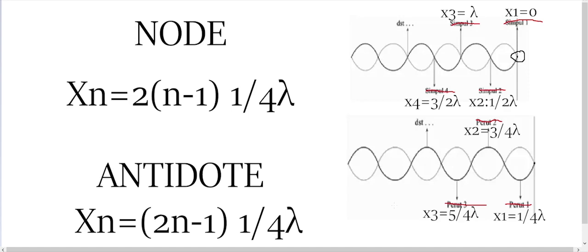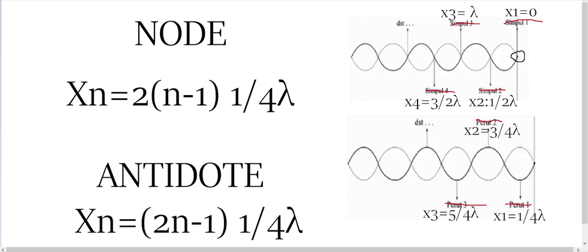So from what I explained here, we can see a pattern, and from this pattern we can actually make a formula from it. We're going to start from the node itself. The formula of the pattern is xn equals 2 times n minus 1 times a quarter lambda.